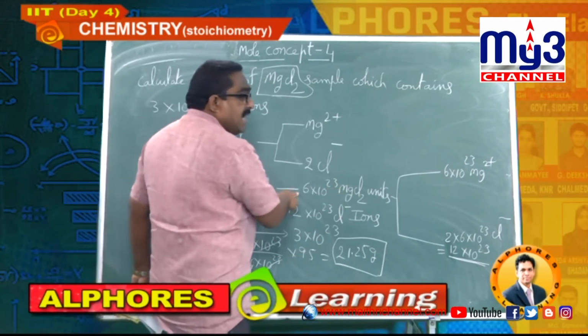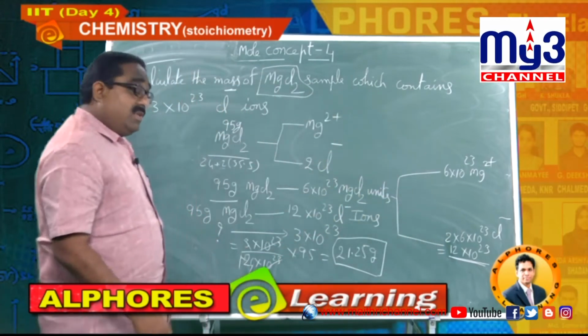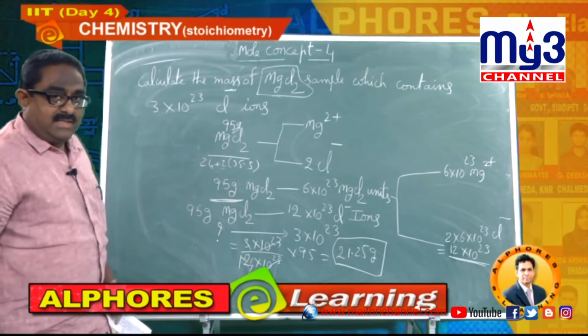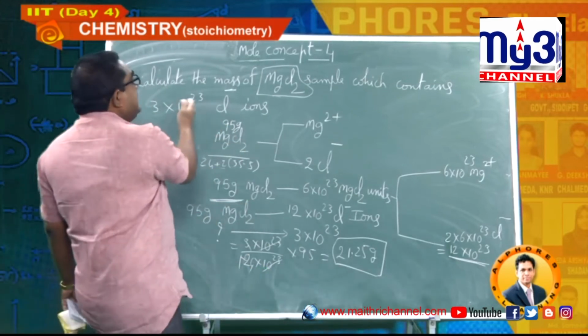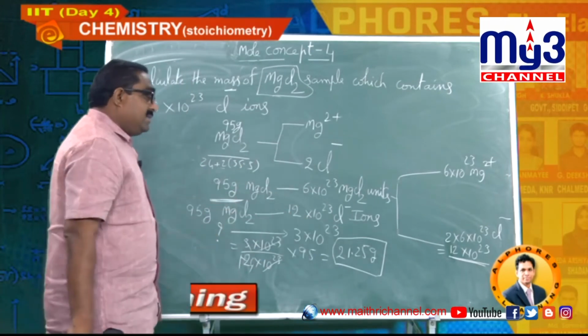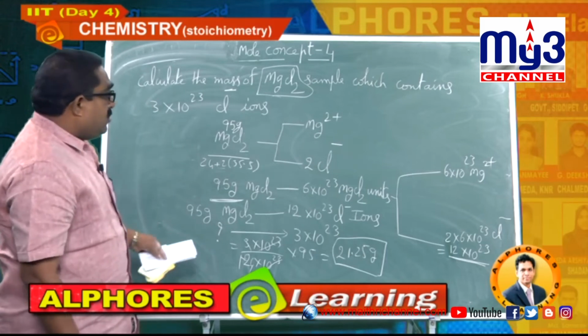Based on that, I have calculated chloride ions as 12 into 10 power 23 if 95 grams of MgCl2 is present. But in this question, he has given only 3 into 10 power 23 ions. So that answer is 21.25. So this is the solution for this question.